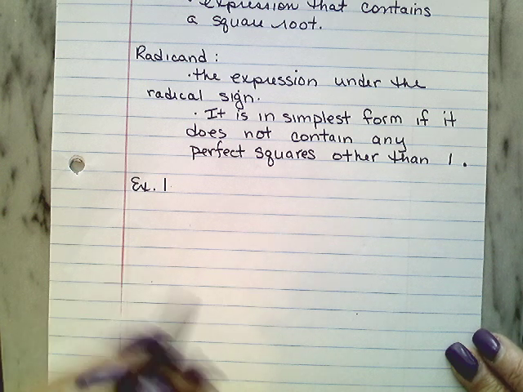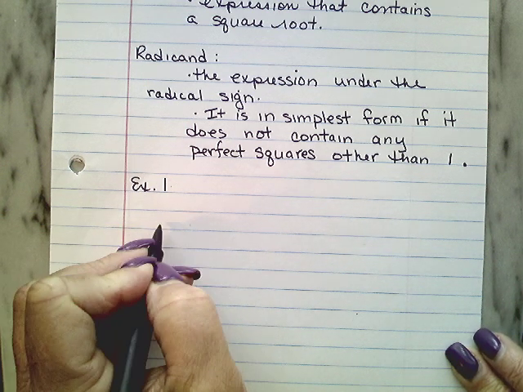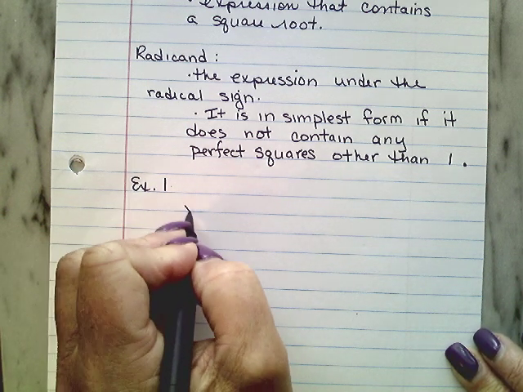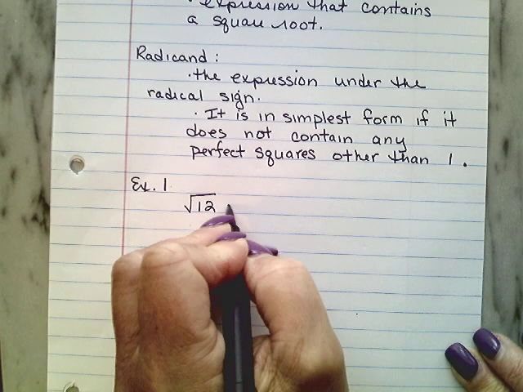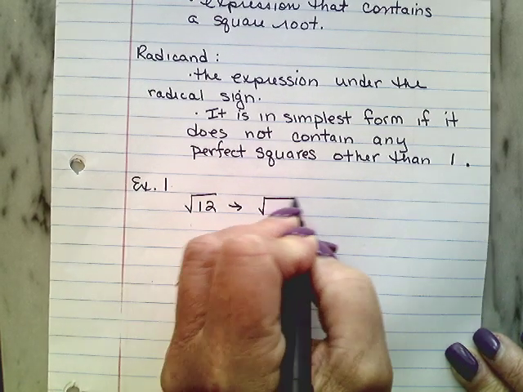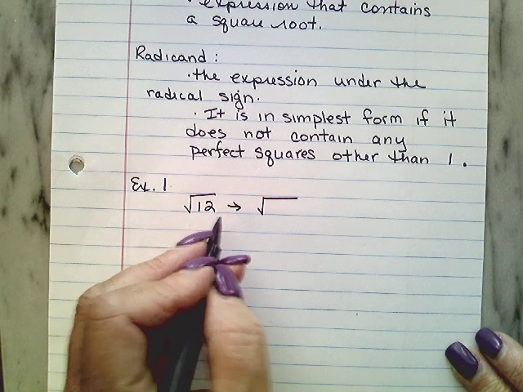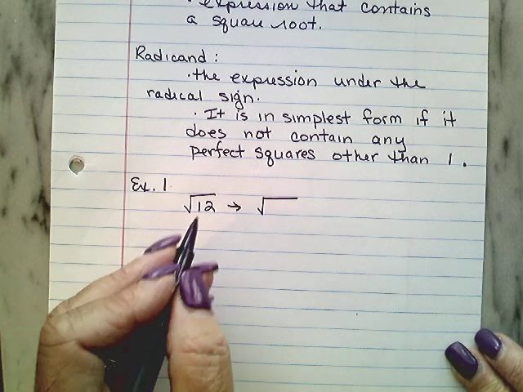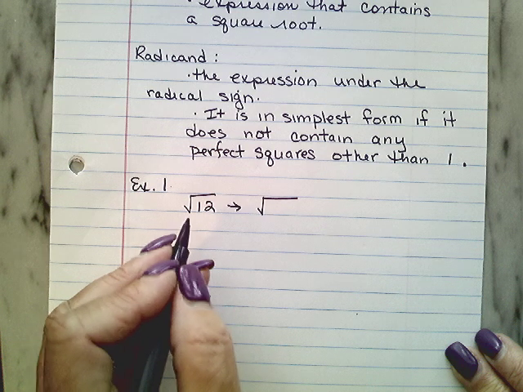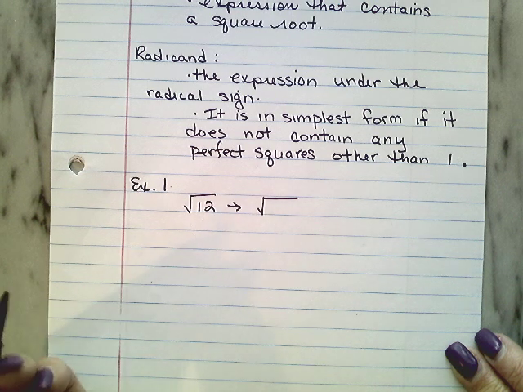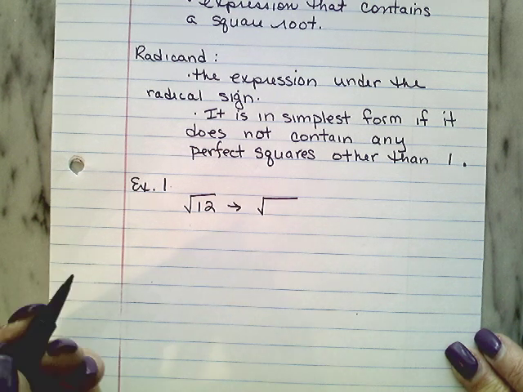So if I have the square root of 12, if I break down the two factors, it's like prime factorization. If I can break down to two numbers and one of them is a perfect square, then we can simplify the radical.